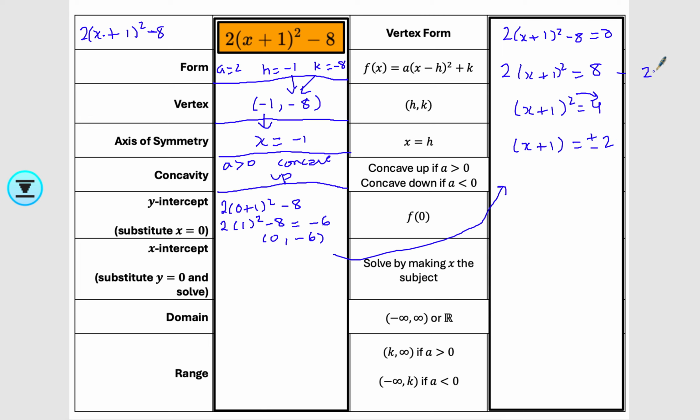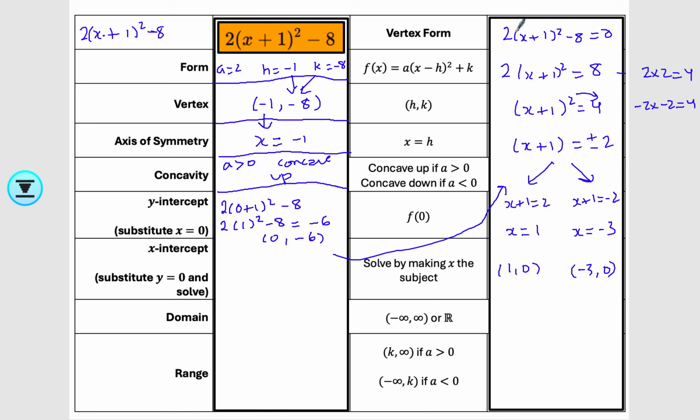Because remember that 2 times 2 gives you 4, and then -2 times -2 will also give you +4. So this leads to two case scenarios. Either x + 1 is 2 or x + 1 is -2. In that case, 2 minus 1 will give you 1, and -2 minus 1 will give you -3. So as coordinates, I have (1, 0) and (-3, 0).